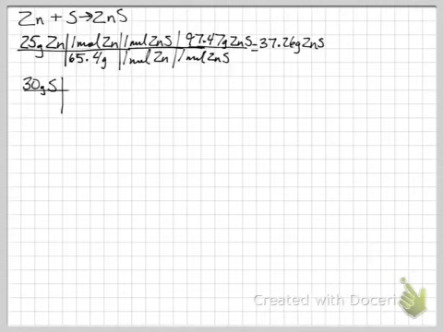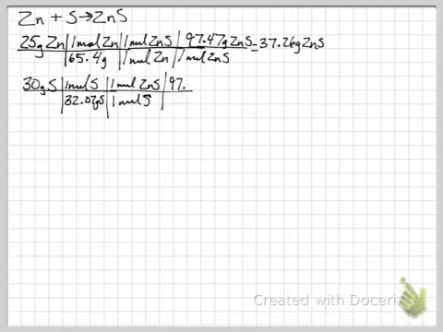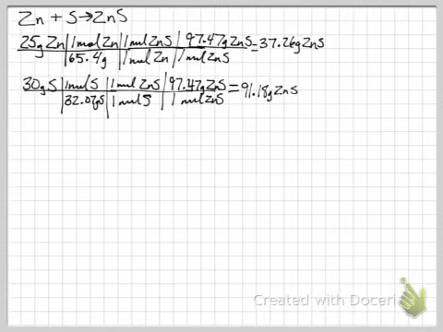So, 30 grams of sulfur, converted to moles, 1-to-1 ratio, and then multiplying by the 97.47 grams of zinc sulfide, because that is our molar mass for the compound. Once I've multiplied and divided, I come out for that one with 91.18 grams of zinc sulfide.